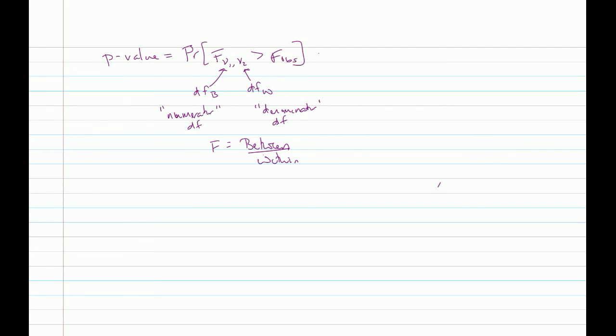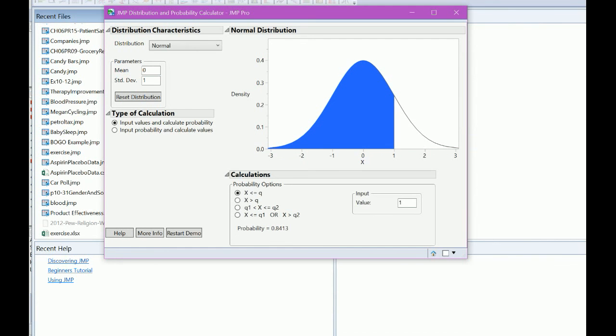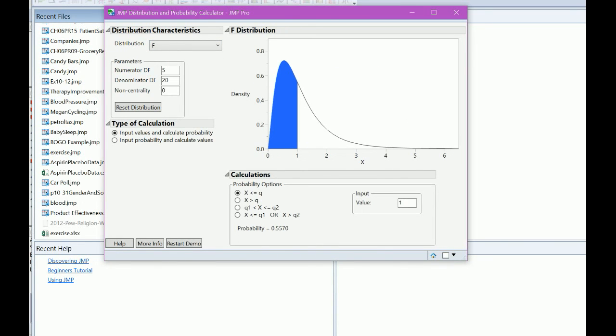So we would find this either by using the JMP distribution calculator or going to the F table. We'll do this using the JMP distribution calculator because we haven't looked at that in a while. So here we have the JMP distribution calculator and we have the F distribution. Our numerator degrees of freedom is our between groups degrees of freedom.